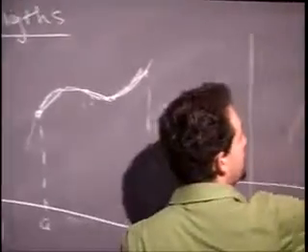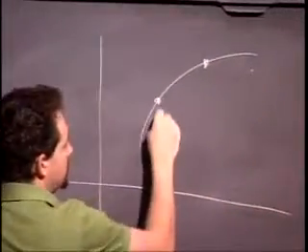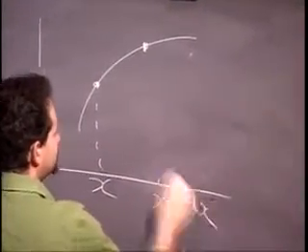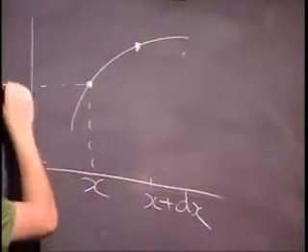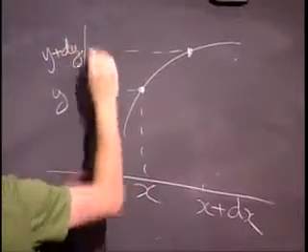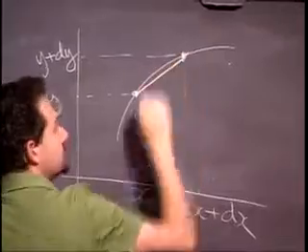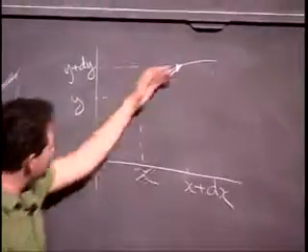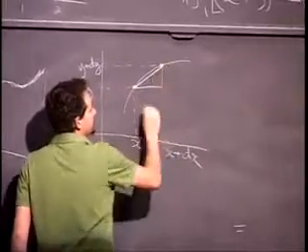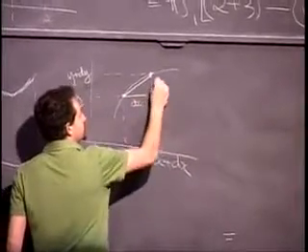So let's look at one of the pieces. Suppose it connects from x to x plus dx. On the y-axis, this is going to go from y to y plus dy. So how long is this curve? Well, I don't know. How long is the line? Let's work that out. This would be dx. This would be dy.